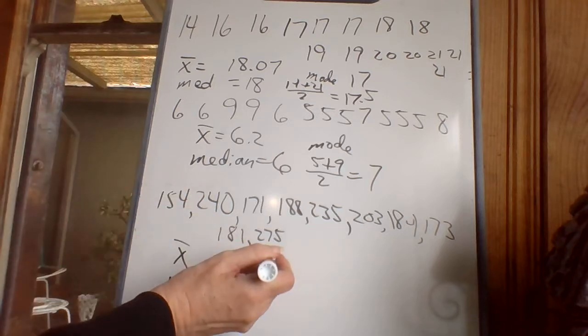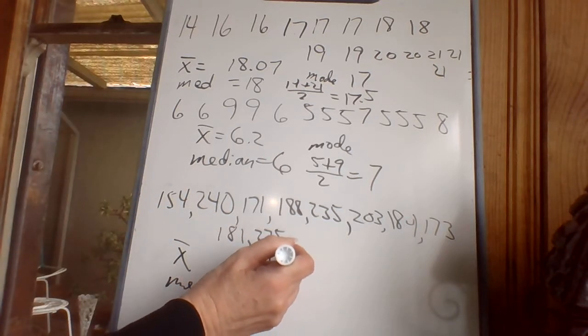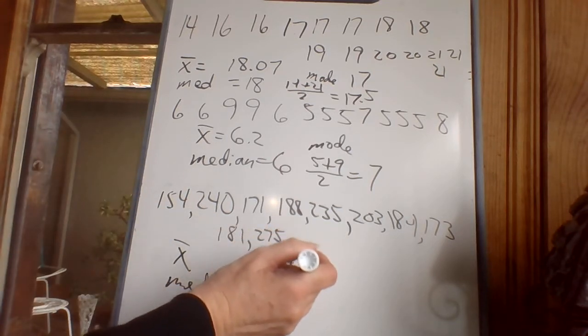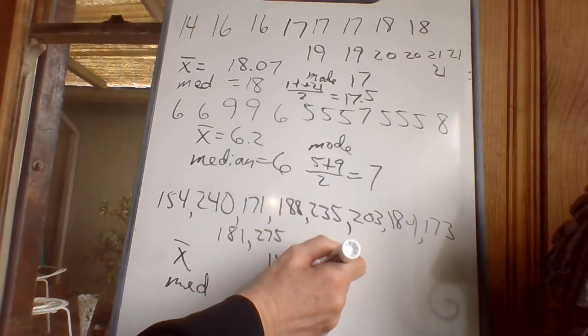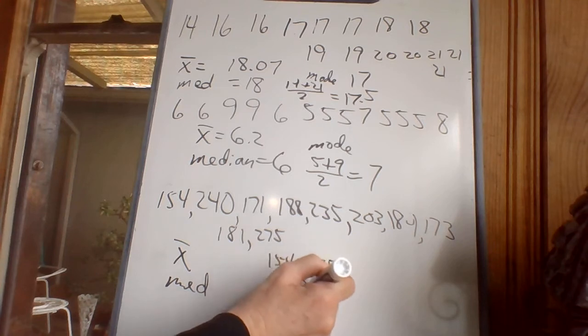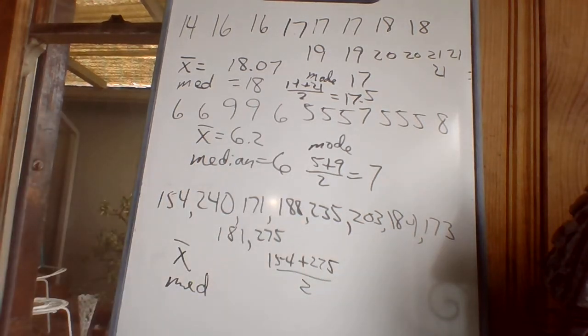It'd be 154 plus 275 divided by 2. $214.5.